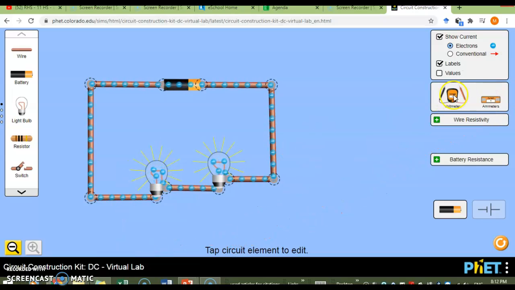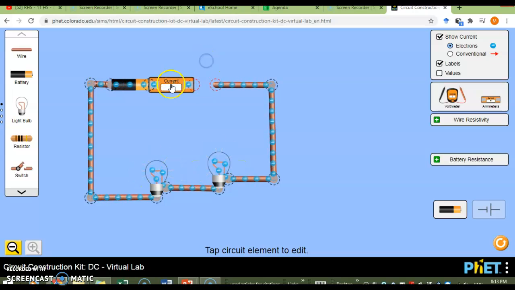Now concerning the current. The ammeter is used to measure the current and it's connected in series. So first connected in series to the battery. I main, or I of the battery, is 0.45 ampere.